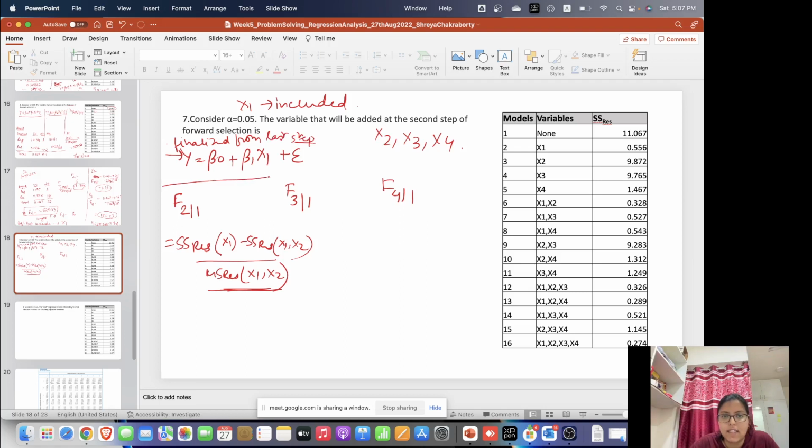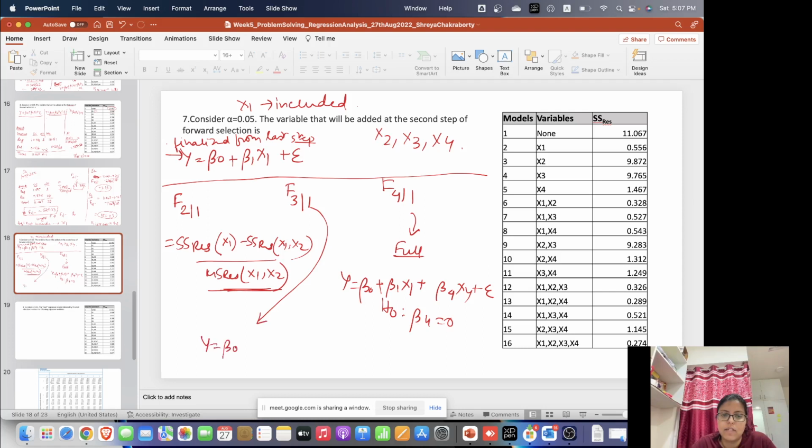Now when we are testing these things, the full model becomes beta naught plus beta 1 x1 plus whatever we are testing, let's say beta 4 x4 here for this one, and the h naught is beta 4 equal to 0. Similarly for this one, our h naught is beta 3 equal to 0. So in each of these cases the full model has 3 unknown parameters.